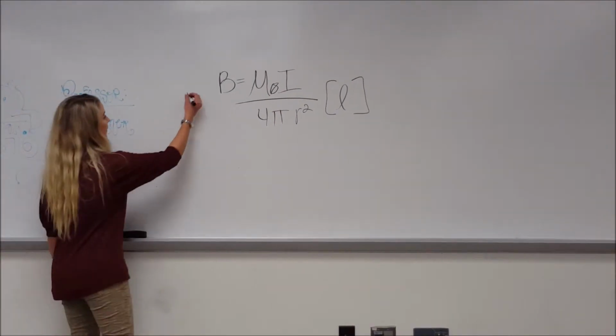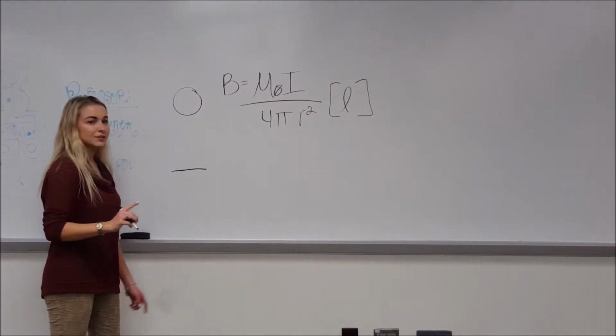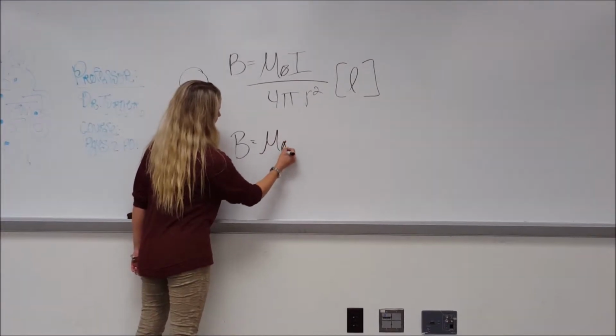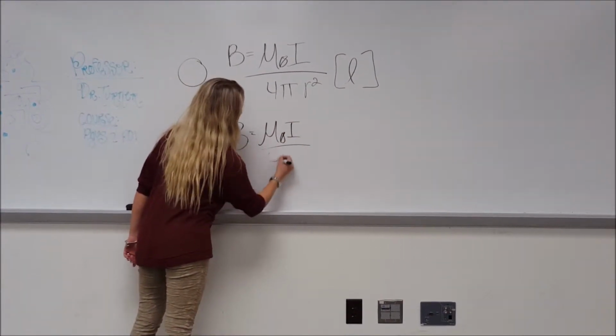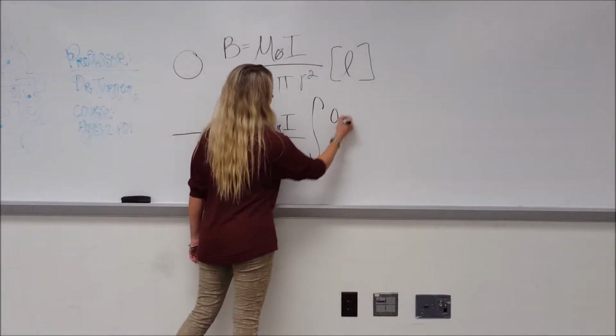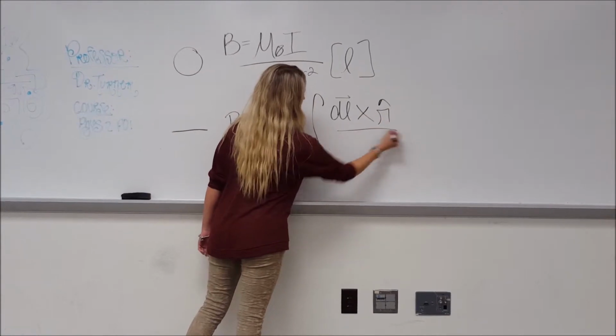So we've calculated the magnetic field for a circle. Now we're going to calculate one for a line. We're going to start with the same equation. B equals mu naught times your I over 4 pi, all times the integral of dl cross r hat over r squared.